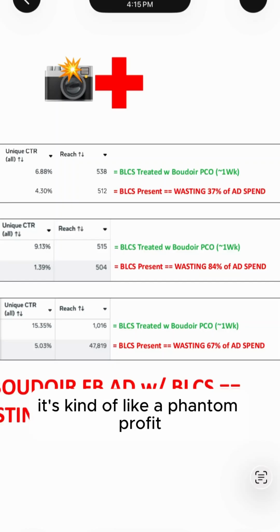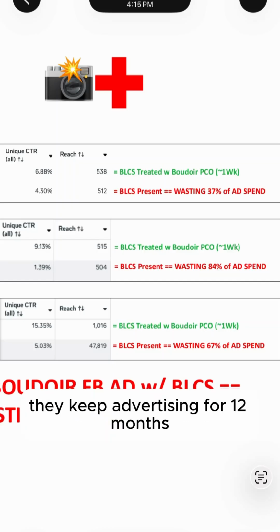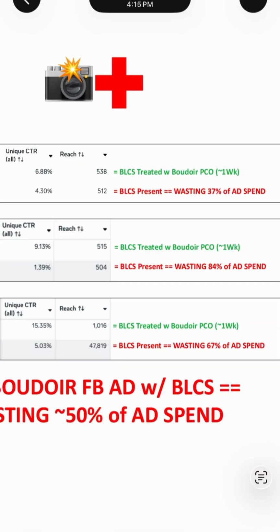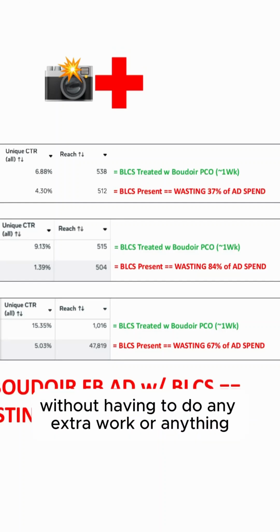It's kind of like a phantom profit. They don't have to spend it, kind of like a boudoir Pico bonus profit. And if they keep advertising for 12 months, that means they got like a 40K special bonus in their pocket without having to do any extra work.